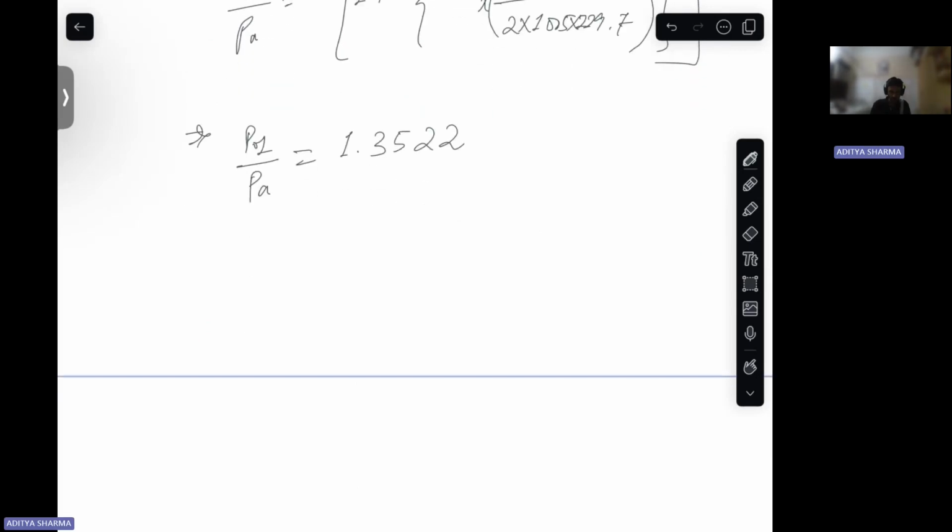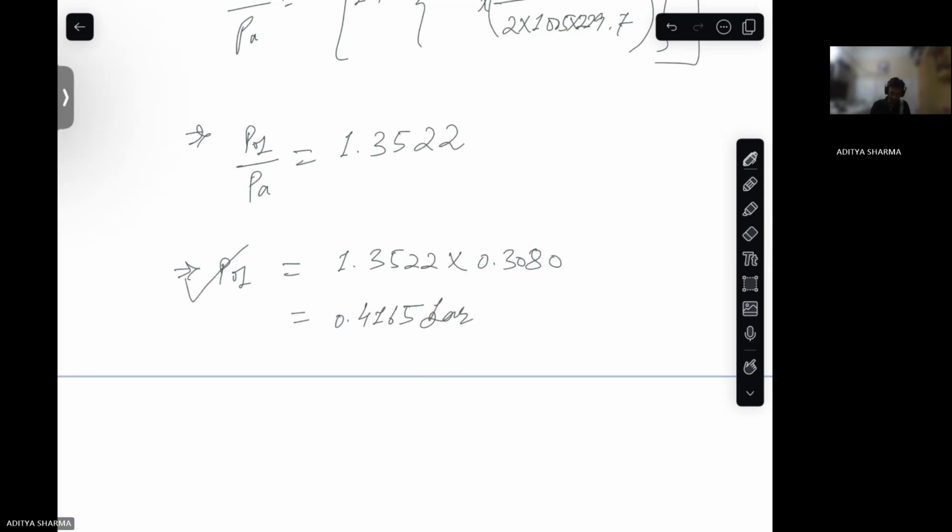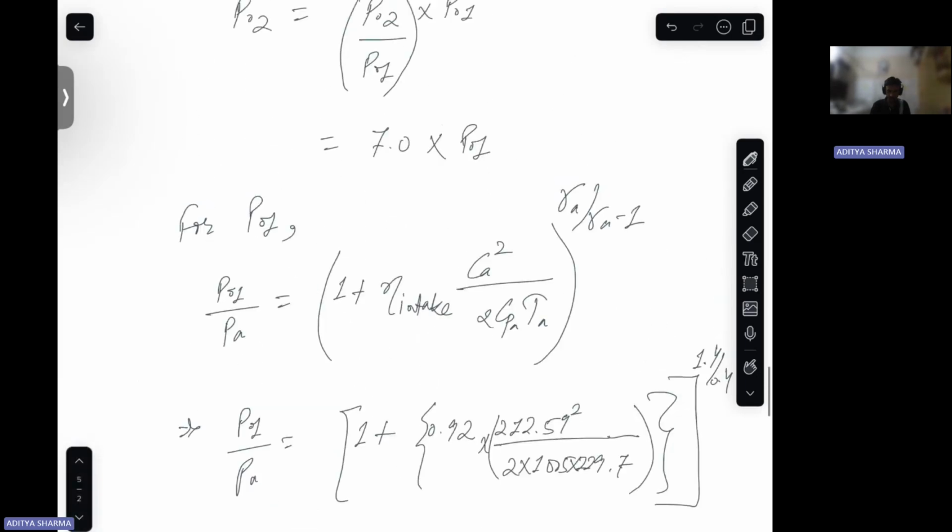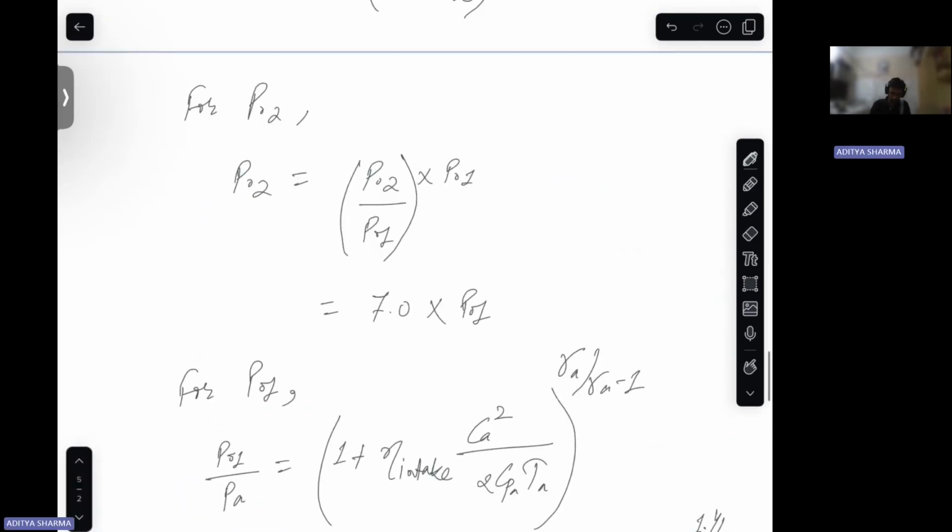Then PA we have 1.3522 into this comes out to be 0.4165 bar. So P naught 1 we have now. Okay.